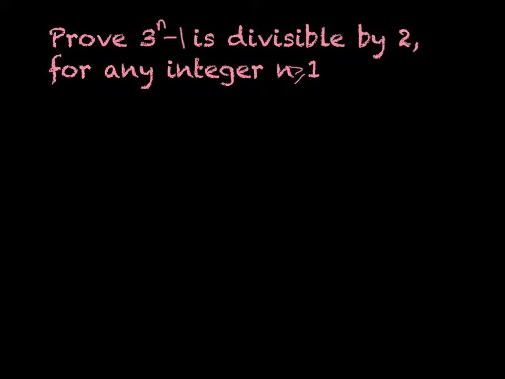Prove that 3 to the power of n minus 1 is divisible by 2 for any integer n greater than or equal to 1. We can do this by induction, so we'll start by proving the base case where n equals 1. In that case, we have 3 to the power of 1 minus 1, which equals 2, and we see that that is divisible by 2.